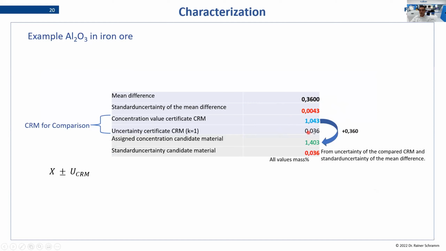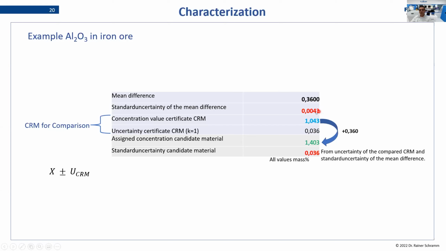Of course, this also comes with an uncertainty. And now we add our difference. So we know now that in our candidate reference material, we have 1.403 aluminum oxide. And the uncertainty is calculated together from the uncertainty from the certificate of the certified reference material and the uncertainty of our characterization.